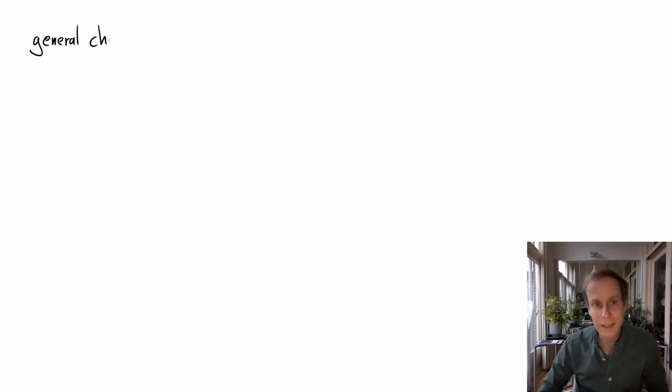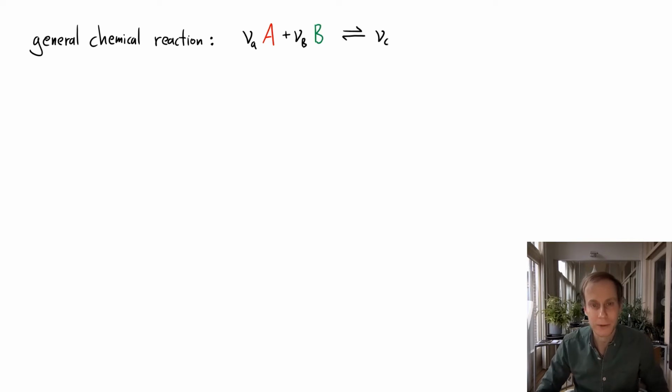Let me begin by defining the general chemical reaction equation. It looks as follows. We have a reactant A and a reactant B. They react together to form product C and D. As usual, each reactant has their respective stoichiometric coefficient, which here is abbreviated as nu for reactant A, nu A, for reactant B, nu B, and so on for C and D. Now, maybe you notice there's one difference compared to how we wrote a chemical reaction previously, which are these double arrows.